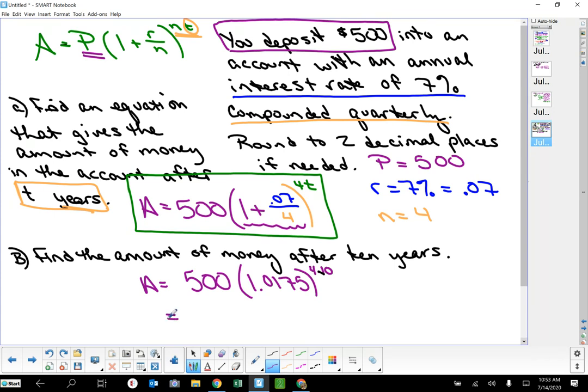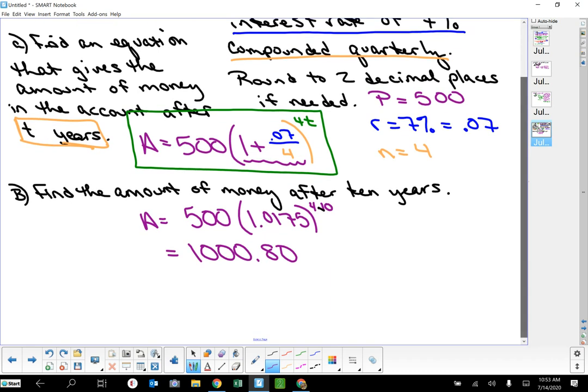So you can just plug this in your calculator. Make sure that you use appropriate parentheses where you need to. And the amount would be $1,000.80. Okay, so after 10 years, you've doubled your money with those stats in that problem.